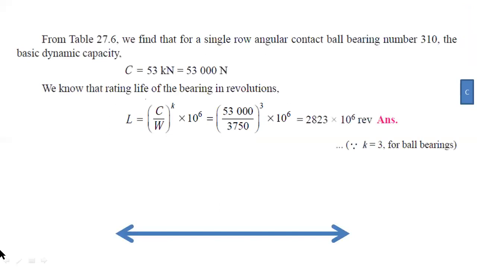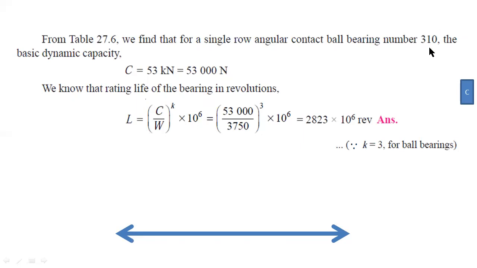Here the bearing number is already given in our question. The bearing number is 310. So select a value of the load rating, that is C, for bearing number 310.